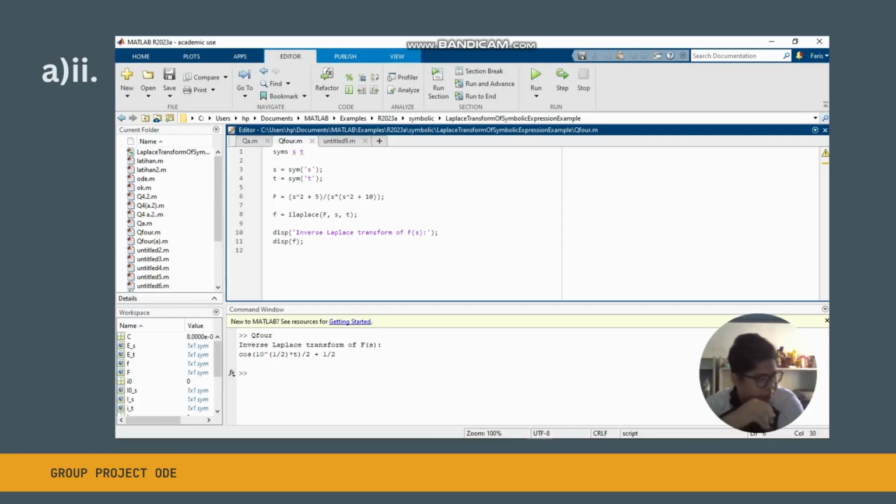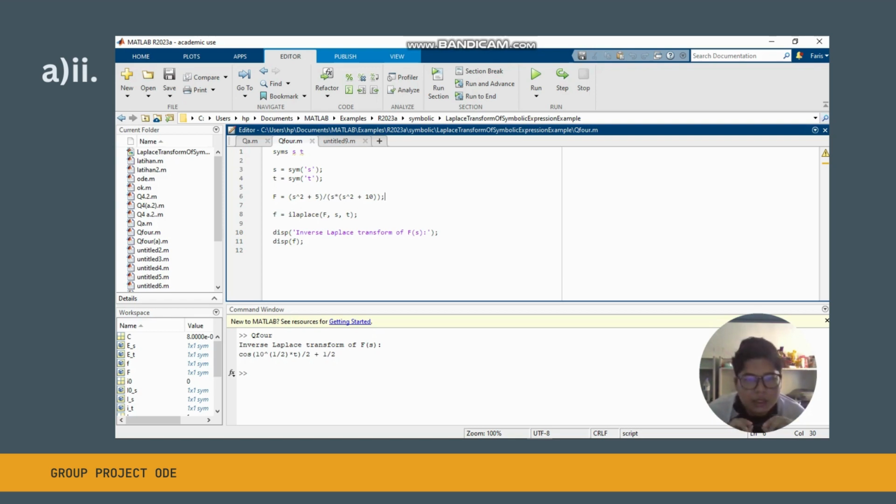Next, for the second question, write the equation in the MATLAB code, which is syms s and t, and F(s) equals (s squared plus 5) divided by s multiplied by (s squared plus 10), and then in MATLAB f equals ilaplace of the function F, s, and t.